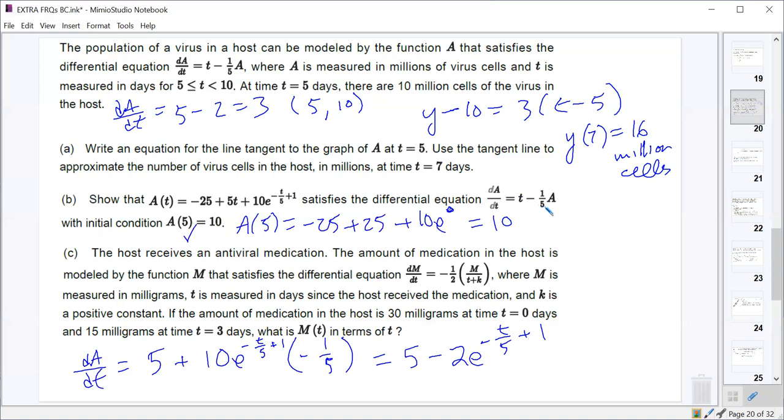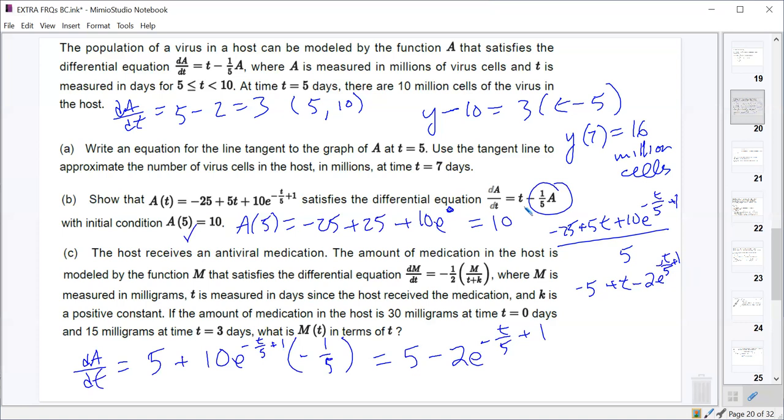And then from there, we have to go back in here, and since our dA dt is actually t minus 1/5 A, we're going to have to find out what 1/5 of A is. So 1/5 of A is negative 25 plus 5t plus 10 e to the negative t over 5 plus 1 divided by 5. So that's going to give us negative 5 plus t plus 2e to the negative t over 5 plus 1.